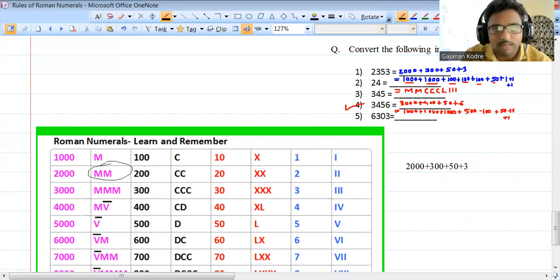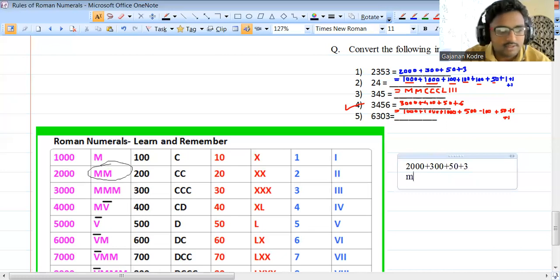So write MM here below, 2000 with the capital letters MM. Now 300, look at the hundreds multiples. What is the symbol? CCC. For 50 it is L, and for 3 it is III.